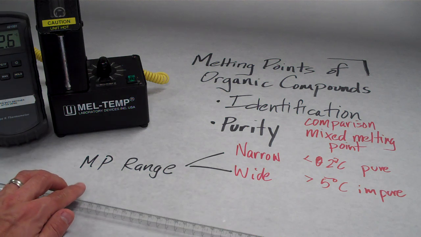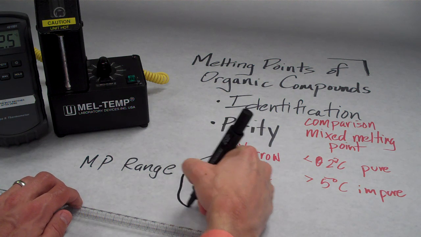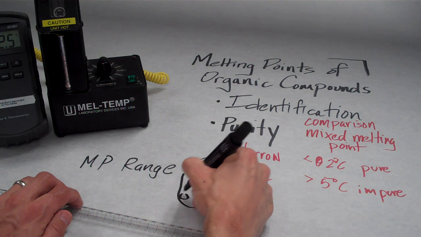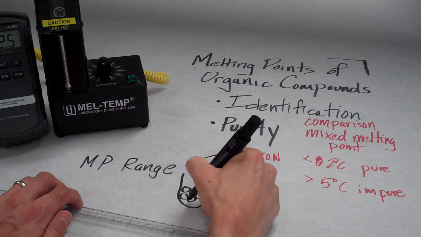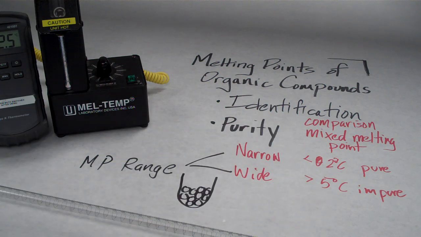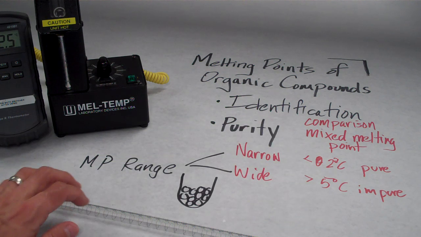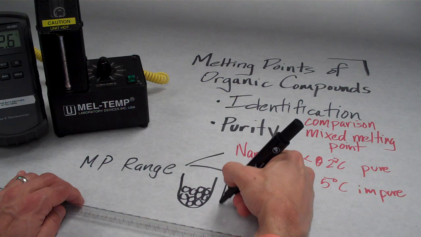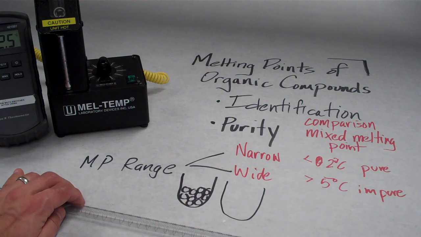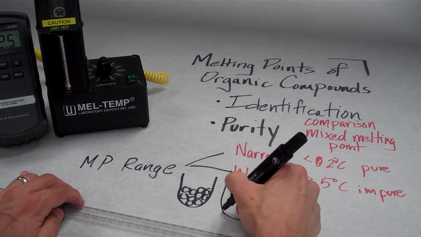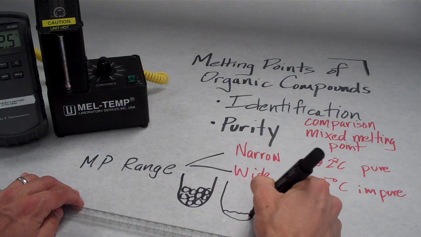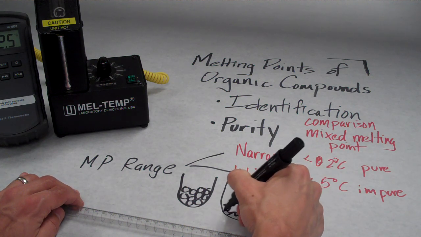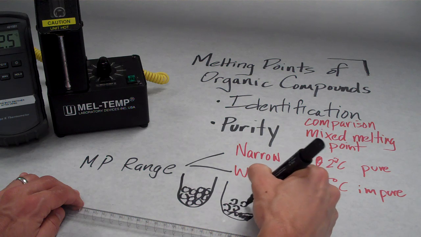When you see the zoomed in version of your sample, you'll see the little tiny crystals as solids. And then as the sample melts, it will first start to appear to sweat, but you'll certainly see some melting when a little bit of liquid shows up at the bottom, and yet a few crystals are remaining.